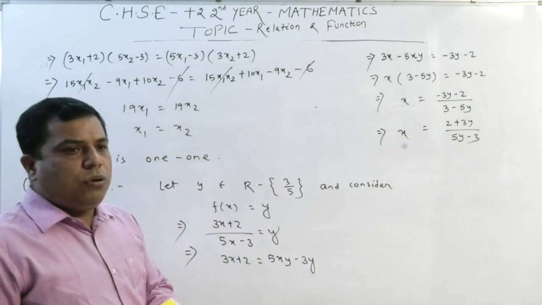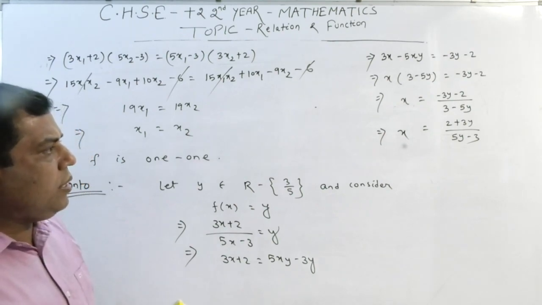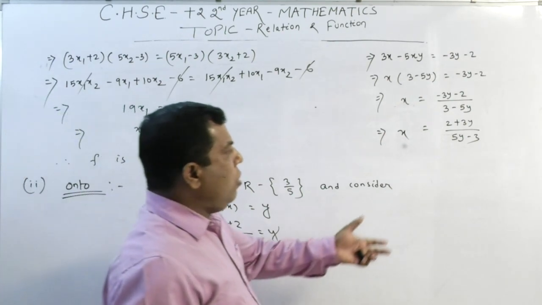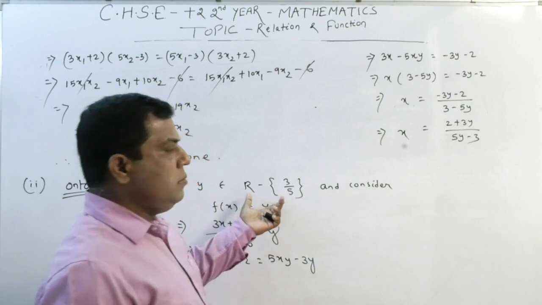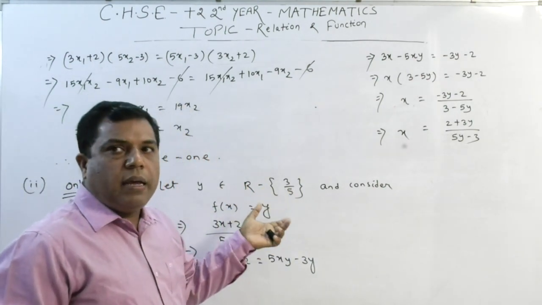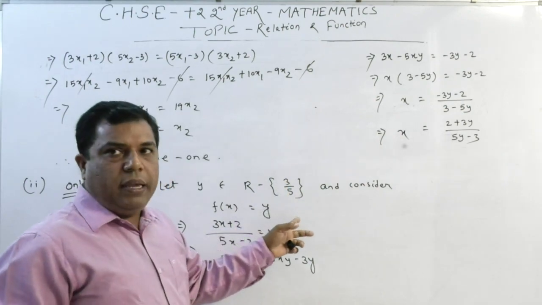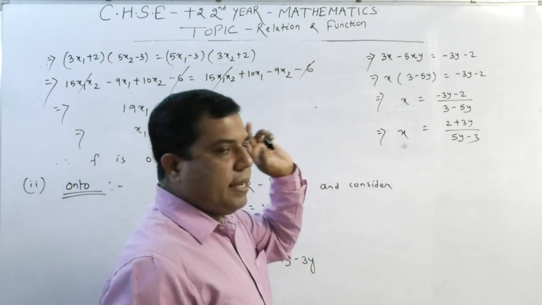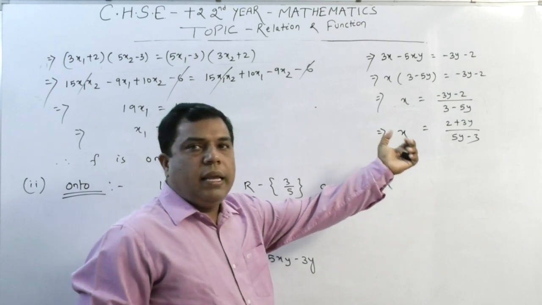So now we can check that for all y belonging to this set, the real numbers except 3 by 5, whatever y you put, we will get an x, and this can be evaluated.